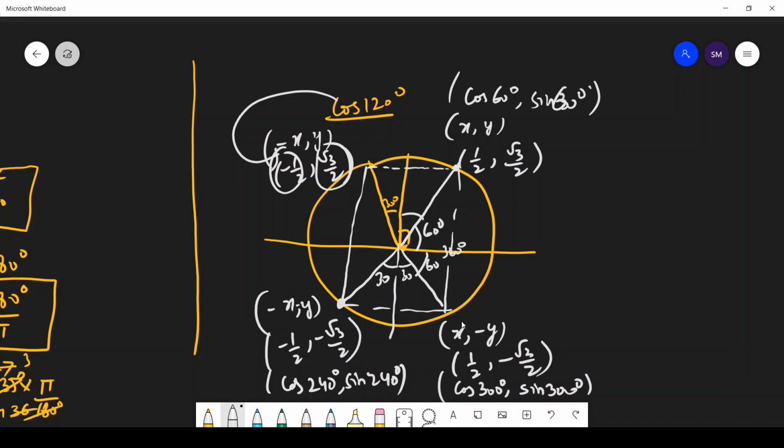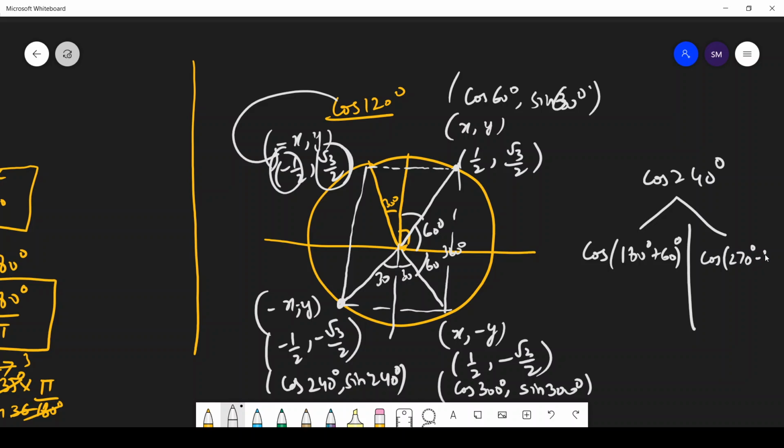This way also you can find the values. So let us find cos 240. 240 can be written as 180 plus 60, or 270 degree minus 30 degree. Find out the values this way also.